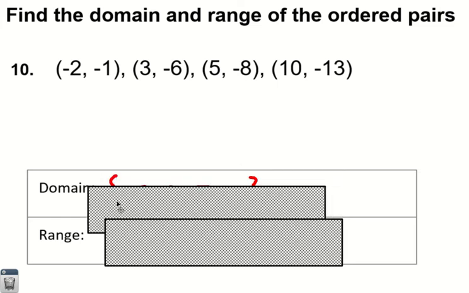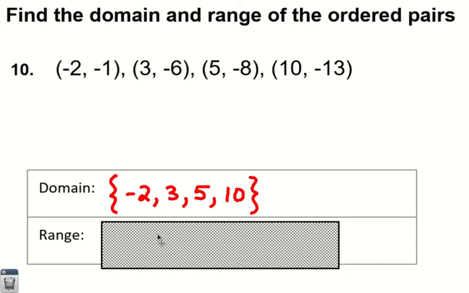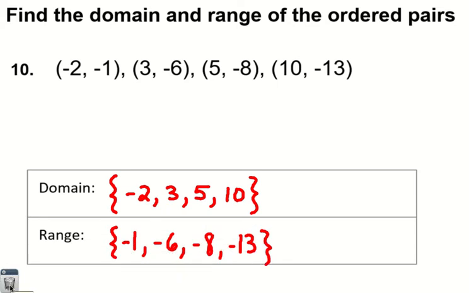So all you have to do is make a list of all the x values: -2, 3, 5, and 10. And the range is all of the y values that you have going on: -1, -6, -8, -13.